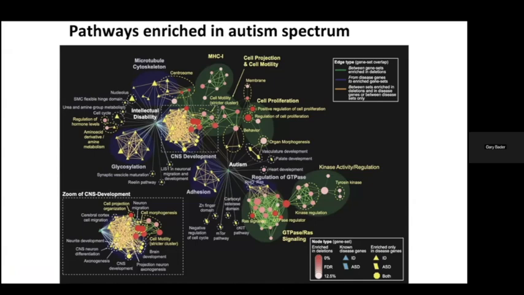and we asked if any pathways as a whole were affected by copy number variants. Let's say we take a pathway like cell proliferation, and we find that it has 100 genes. We ask how many individuals have a copy number gain or deletion in one of the genes in that pathway.